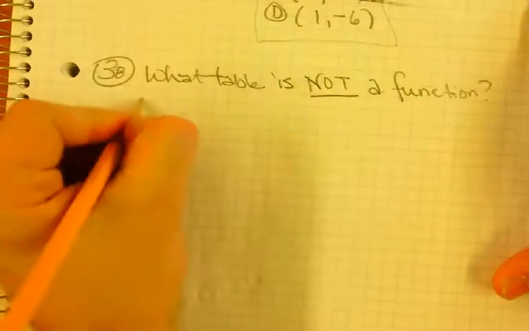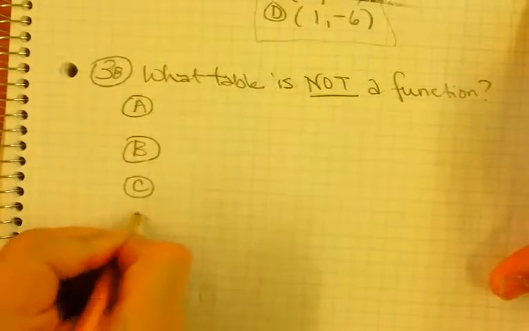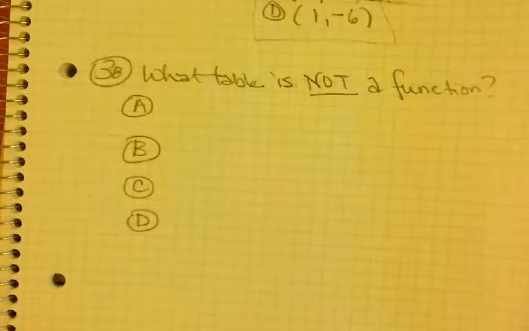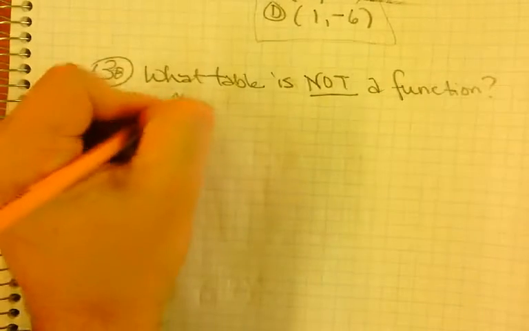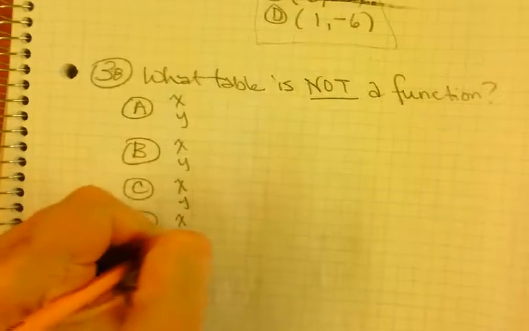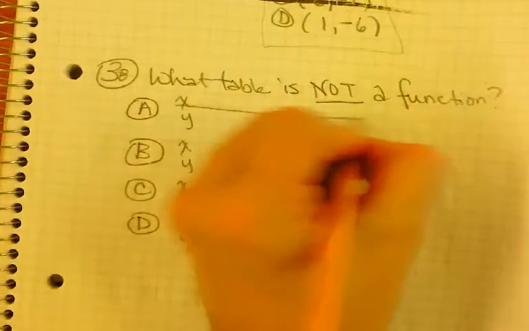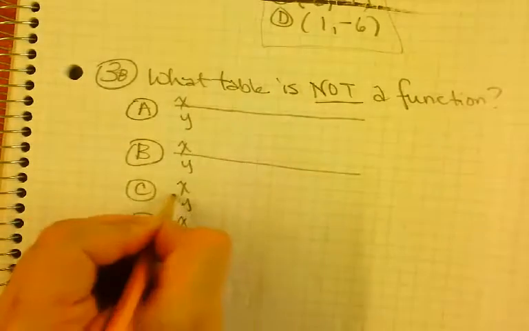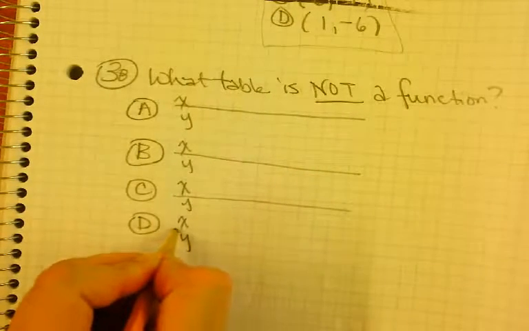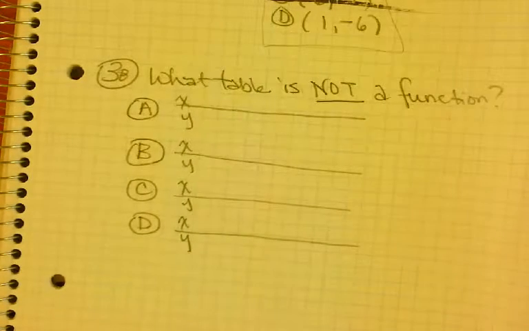All right, so we have A, B, la C, y D. A, B, C, and D. You got X and Y's, okay? Cool? We doing all right?